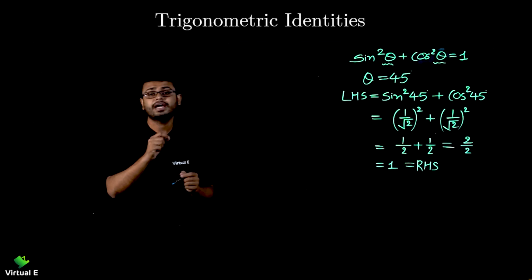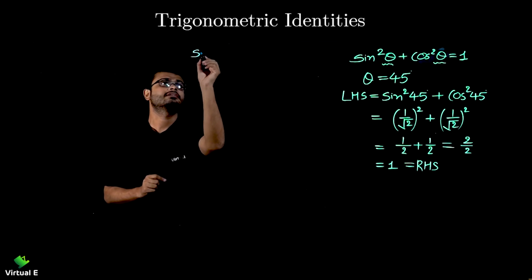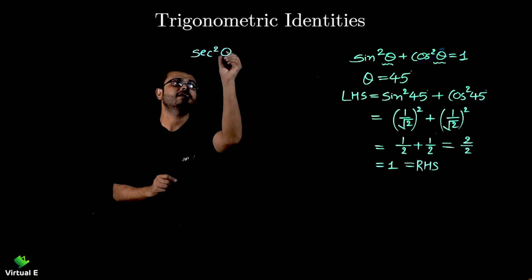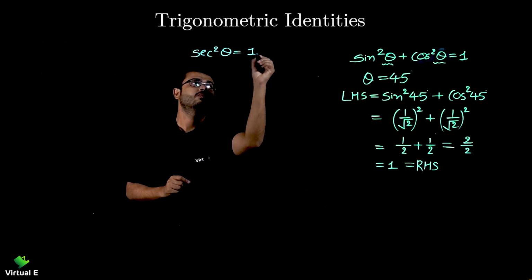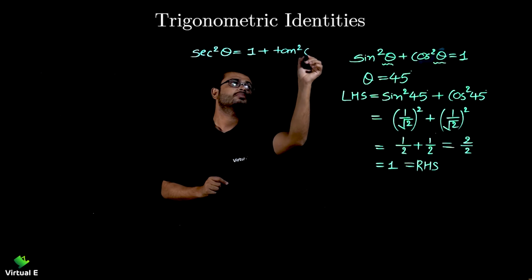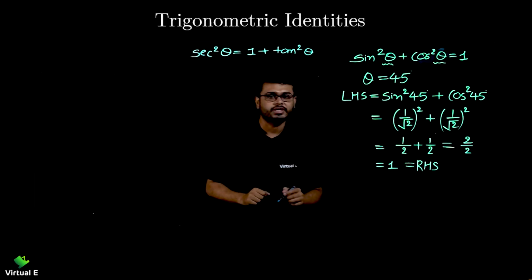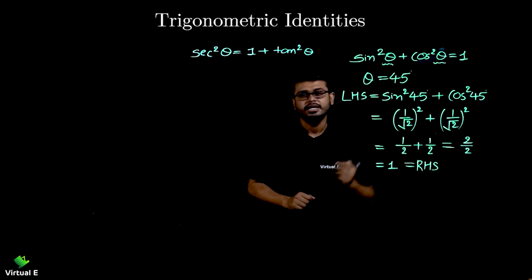Let's discuss the next one. Relation between tan and sec. The identity is sec square theta is equal to 1 plus tan square theta. Here it is something different. Sec square theta is equal to 1 plus tan square theta. Earlier we had only 1 on the RHS.